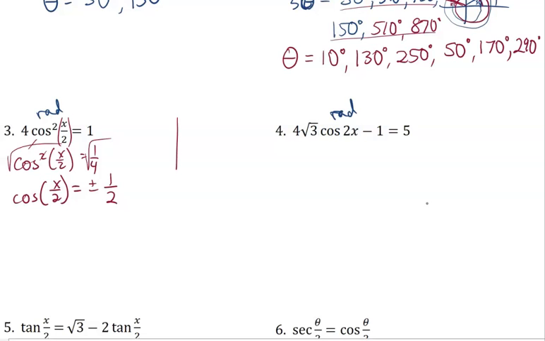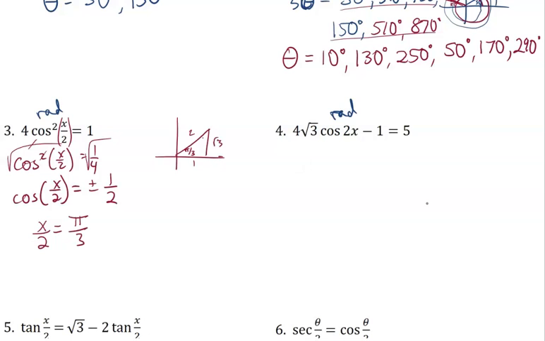If you need to sketch a triangle, go ahead and do that. So 1 over 2. Okay, so that means that this is 30 degrees, this is 60 degrees, so this is pi over 3. Right here is our reference angle. Okay. So then x over 2, the angle inside here, is equal to pi over 3, but the angles that have a reference angle of pi over 3 in any of the 4 quadrants.